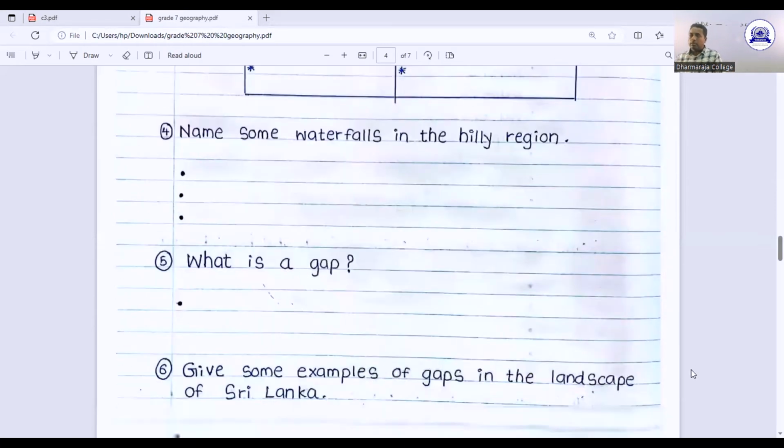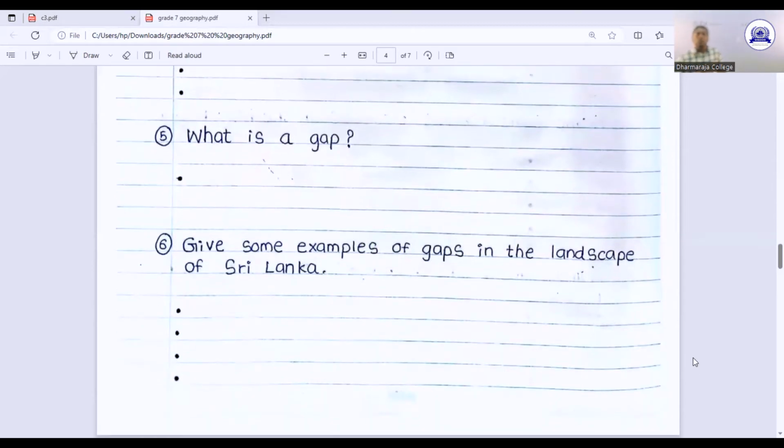Right, so you are learning those special physical features, landscape features, one by one now. What is a gap? It's a very good question. And you have to give some examples of the names of gaps in the landscape of Sri Lanka. I showed you them on the map, but I didn't tell you the names.